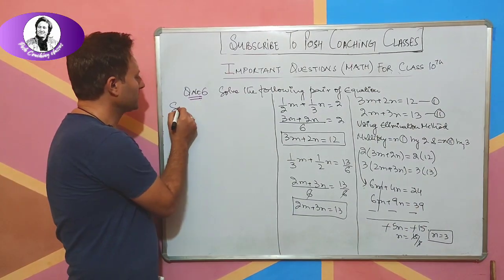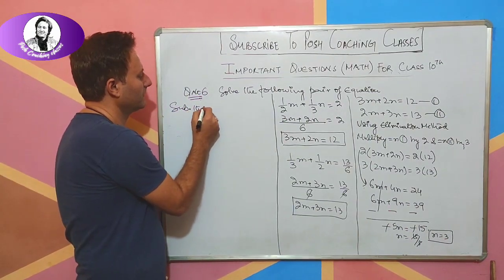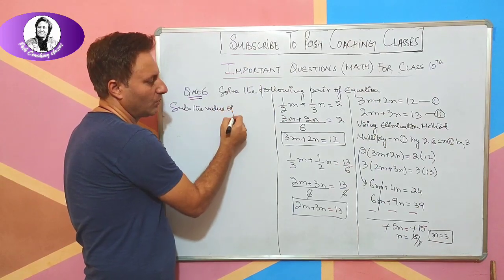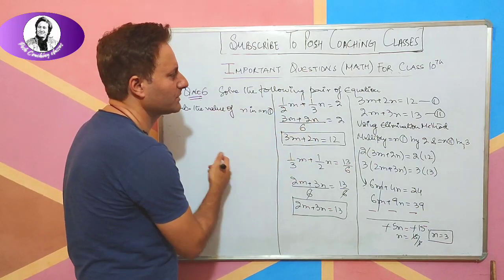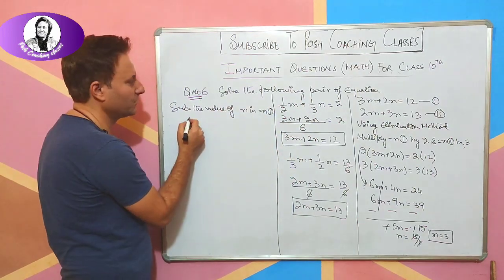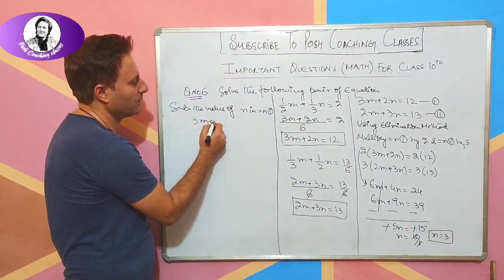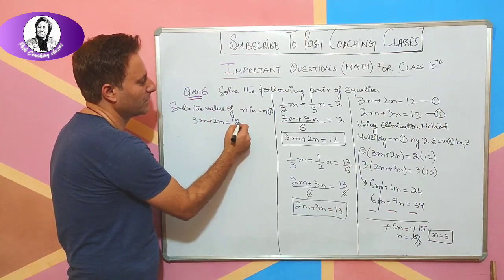So now substitute the value of n in equation, any equation you can take. I have chosen the first one. So 3m plus 2n is equal to 12.